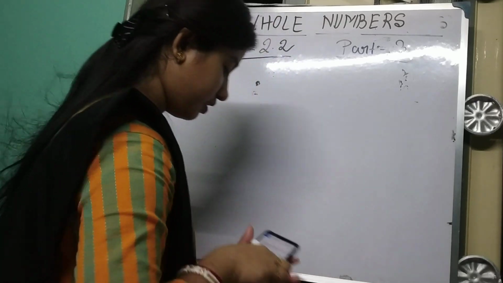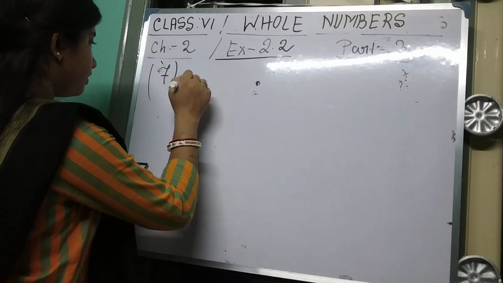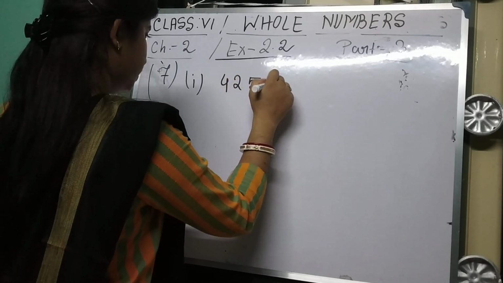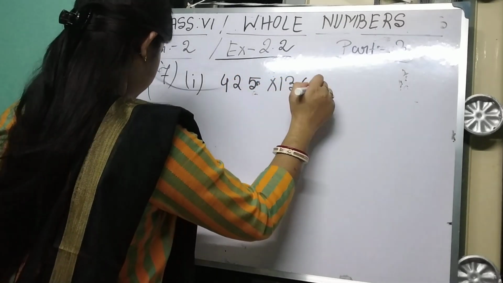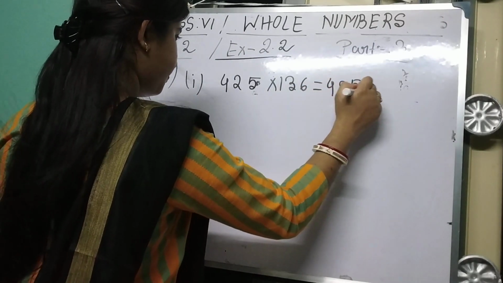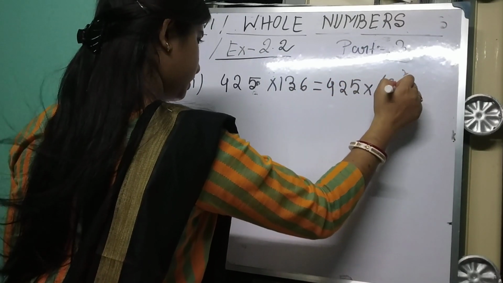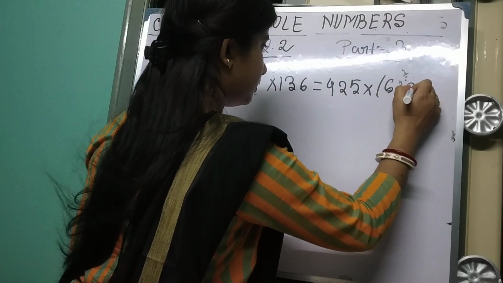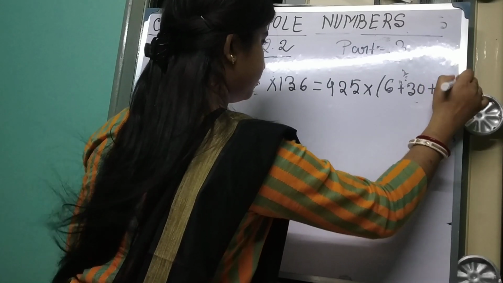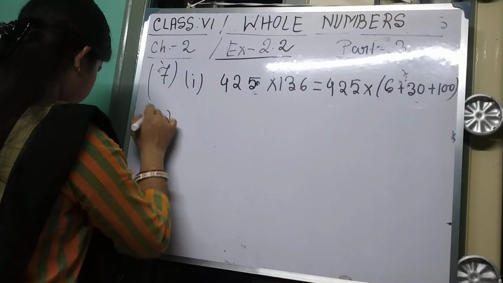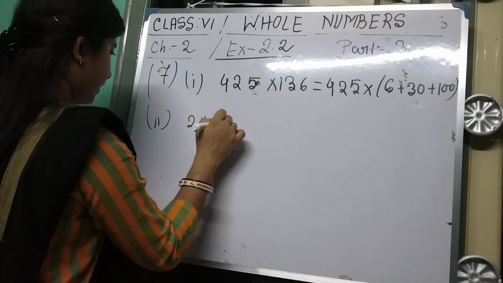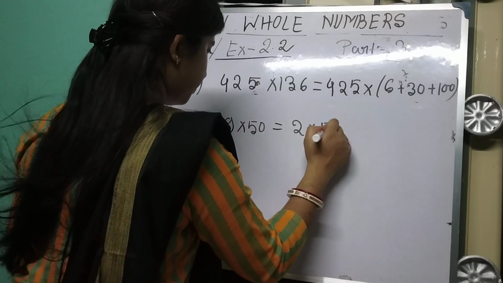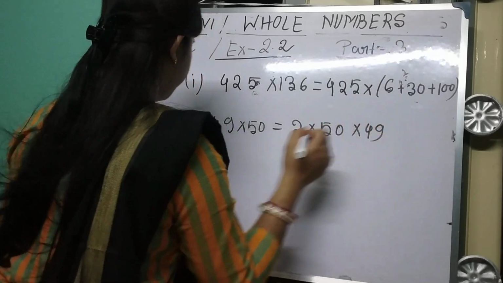Here 3 statements are given. Suppose number 1, 425 into 136 is equal to 425 into 6 plus 30 plus 100. Next, number 2 is 2 into 49 into 50. This is 2 into 50 into 49.